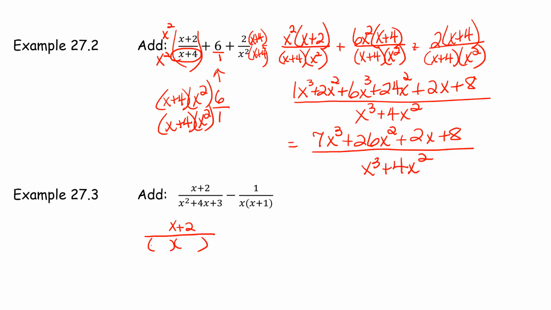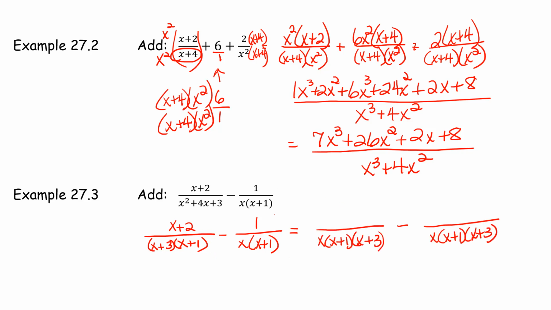So we know the last two terms have to be 3 and 1, and then they have to add up to positive 4, so that's plus 3 and plus 1. So now our second fraction here is x times x plus 1. So there are three factors involved in the denominators: x plus 3, x plus 1, and x.